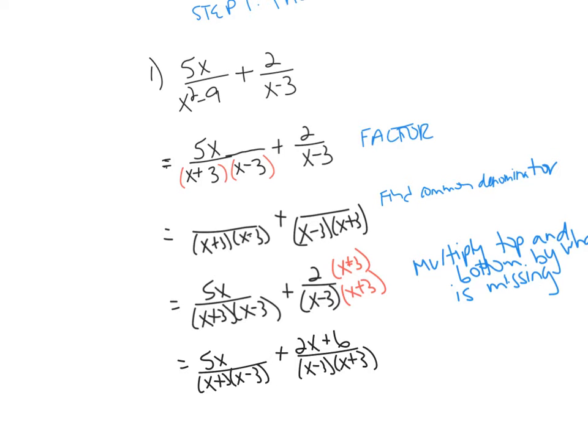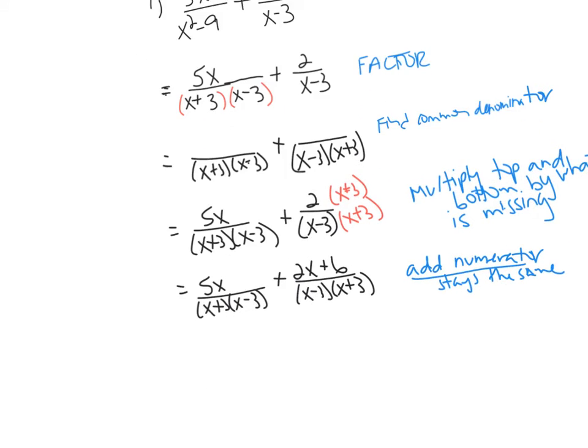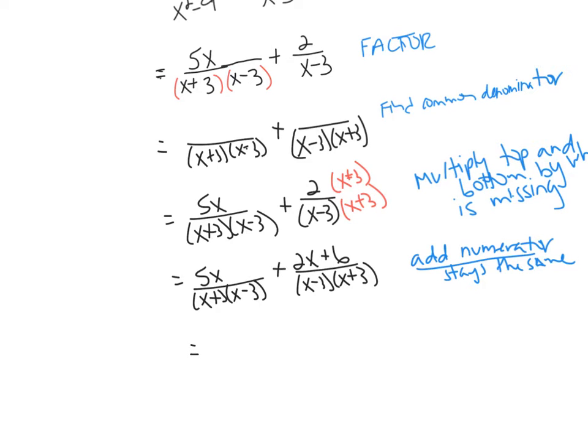Because how do we add or subtract fractions? You add or subtract the tops and you keep the denominator the same. So because we can add numerators here, the denominator stays the same at x plus 3, x minus 3.